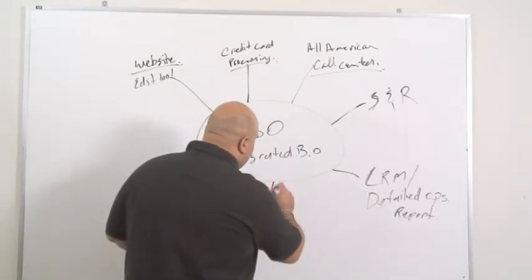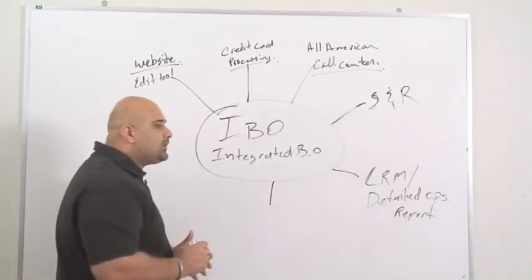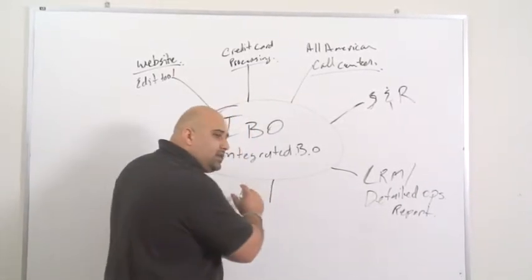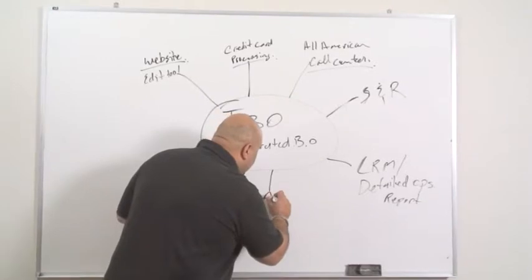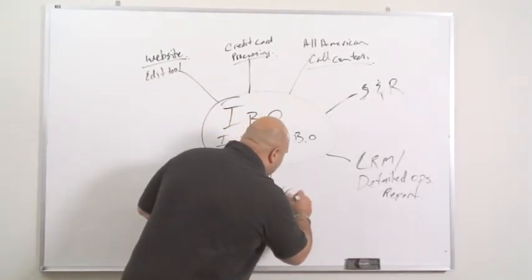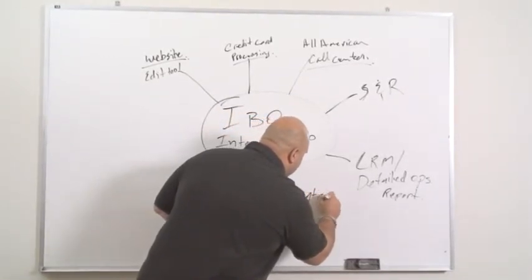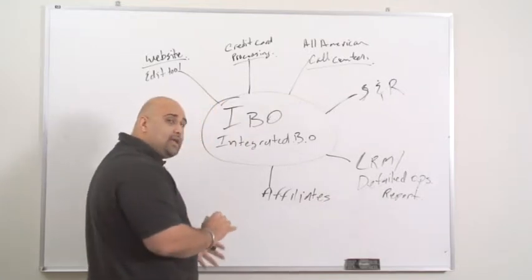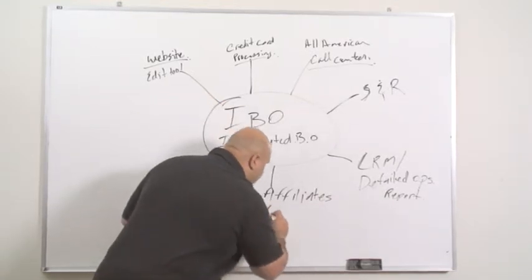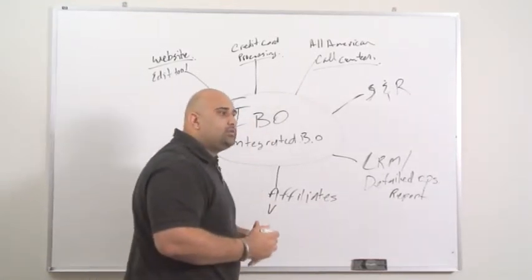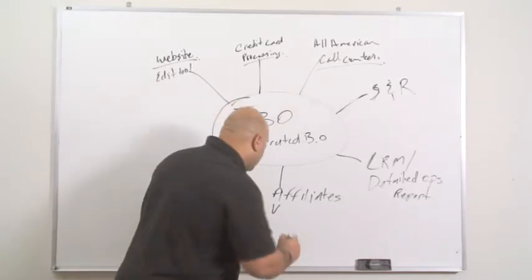And then another really cool feature is that through the integrated back office, you can also create and manage your affiliates, okay, and you can view performance reports. You can view your marketing performance reports.